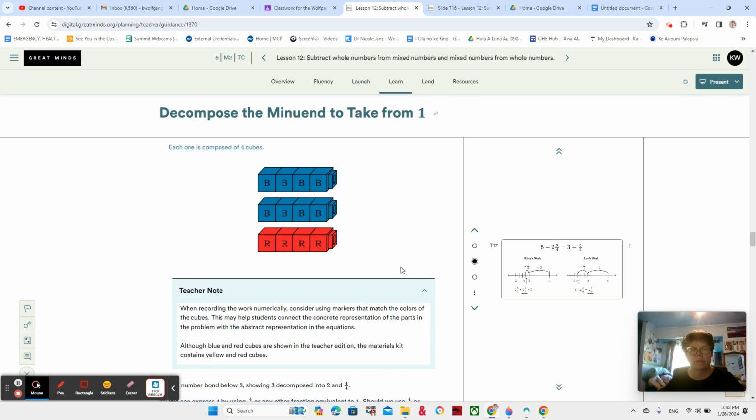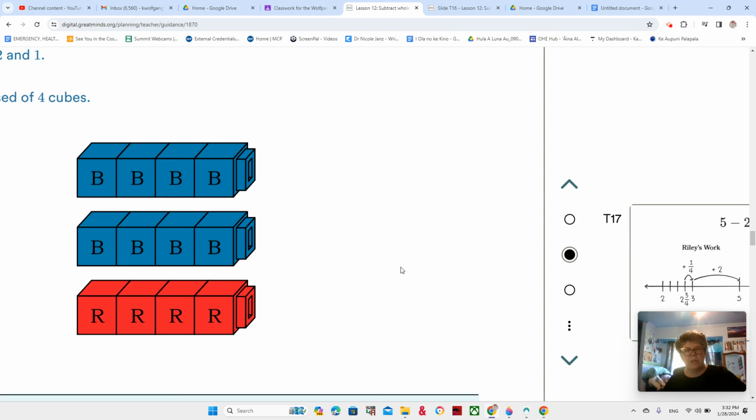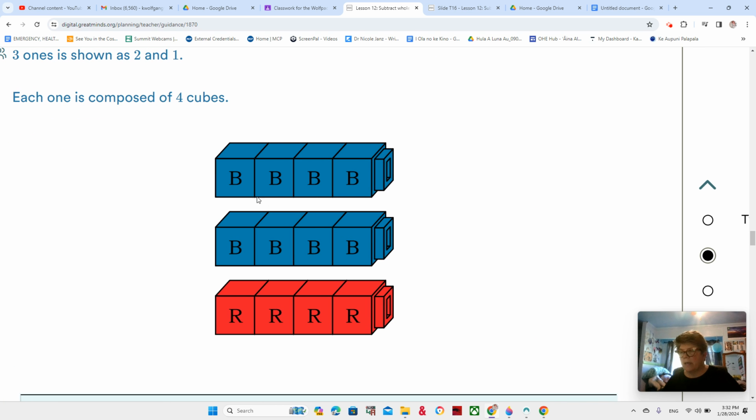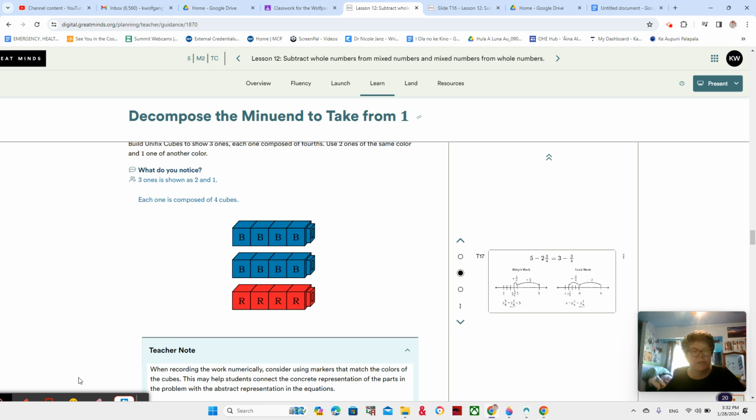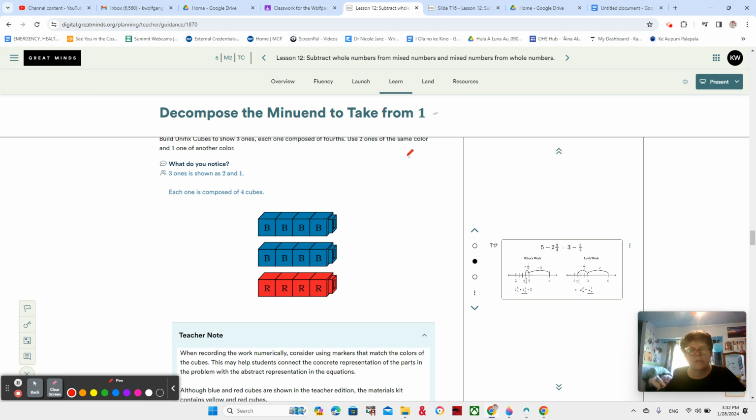Here we are. So what do you notice here? We have 3 groups of blocks, and they're each broken into fourths. So if you remember, my question was 3 minus 3/4. So here we can use these blocks to do 3 minus 3/4, because I have 1, 2, 3 pizzas, or groups of blocks, or whatever you want to call it.